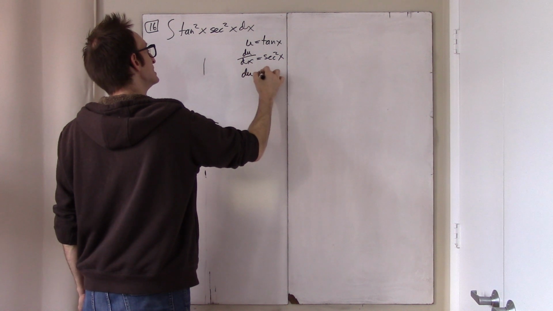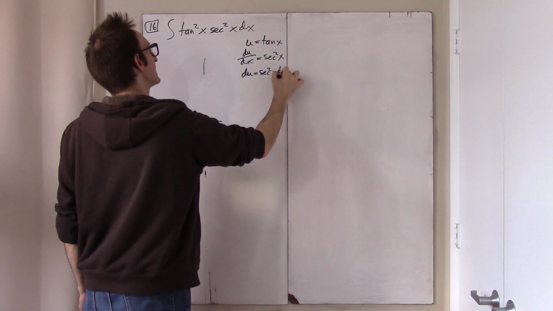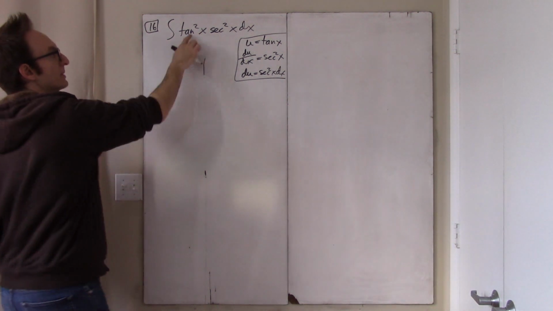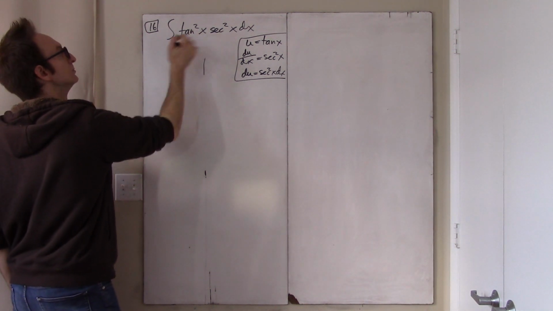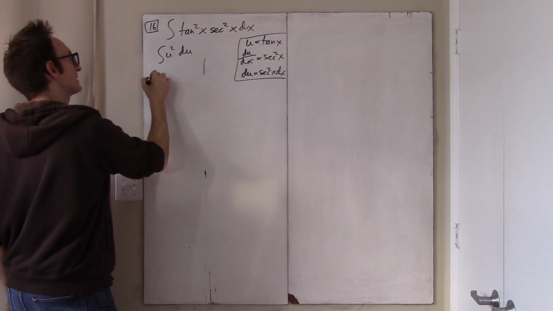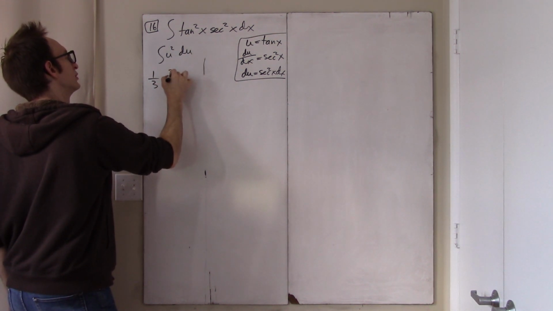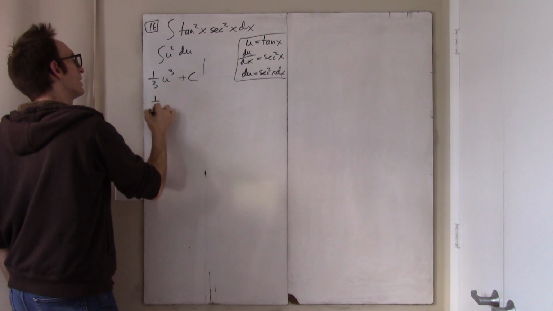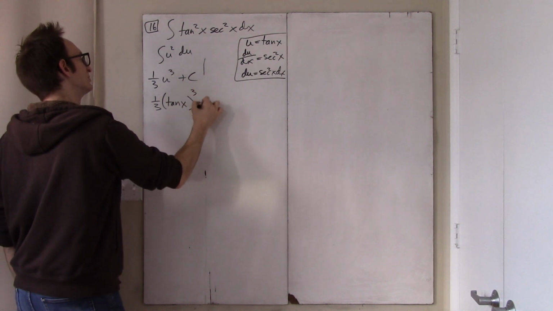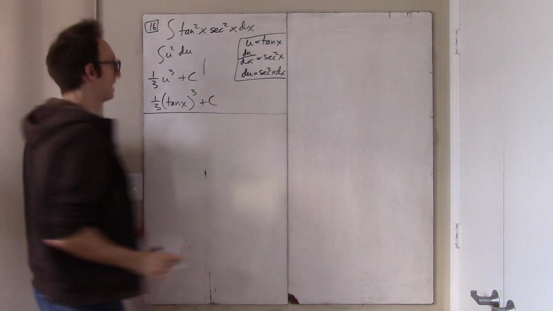And so du is secant squared x dx, and so this whole thing becomes u squared du. Ta-da! And thus we get 1/3 u cubed plus c, or 1/3 tan cubed x plus c.